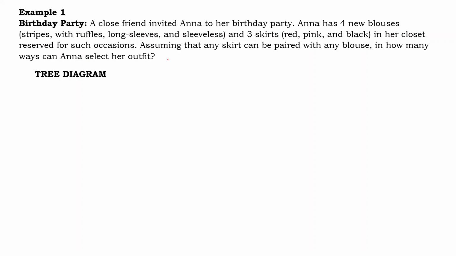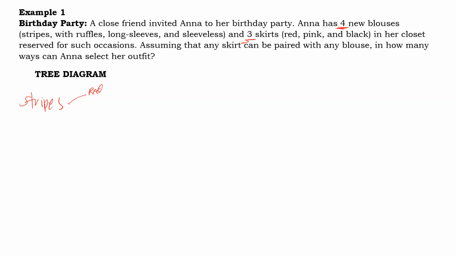Now, ilan ang possible outfit na pwedeng maisuot ni Anna? Take note, si Anna, meron siyang 4 na blouses, 3 skirts. So, halimbawa, napili ni Anna is stripes. Pwede yan i-pair sa red. Blouse na stripe, red na skirt, one possible outfit na yon.